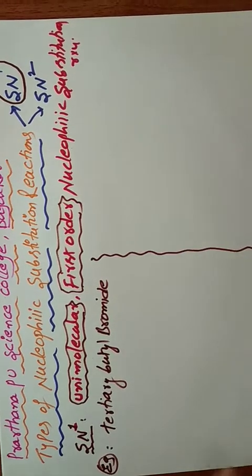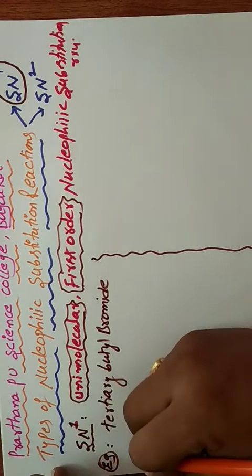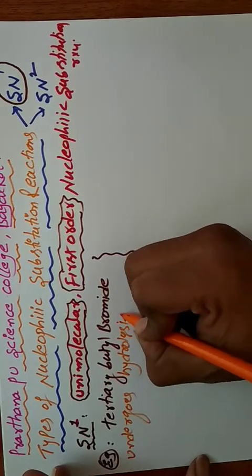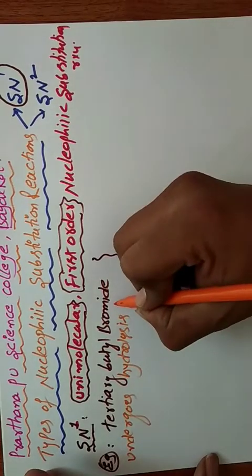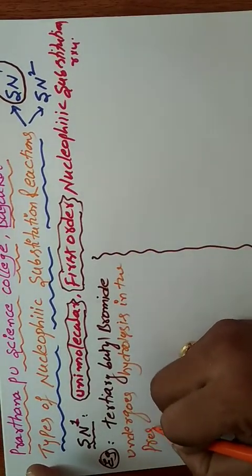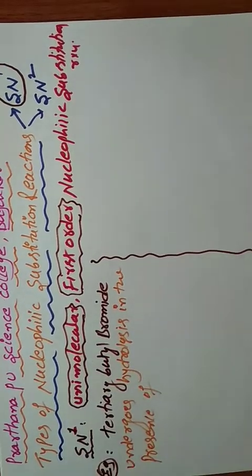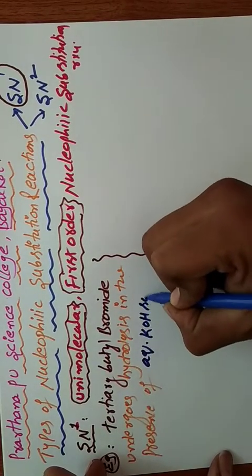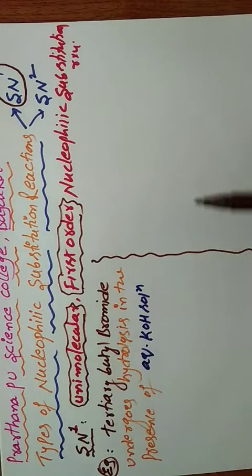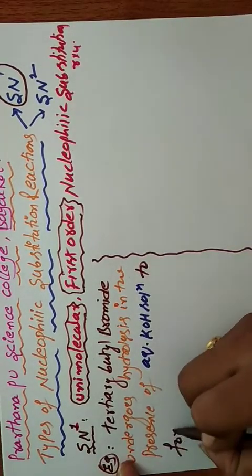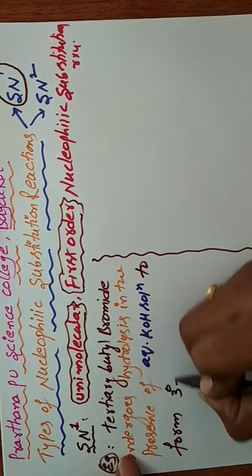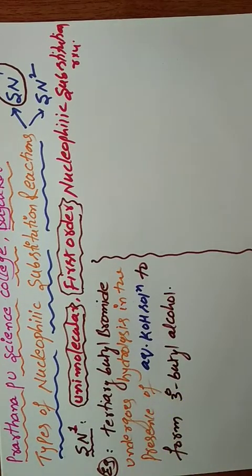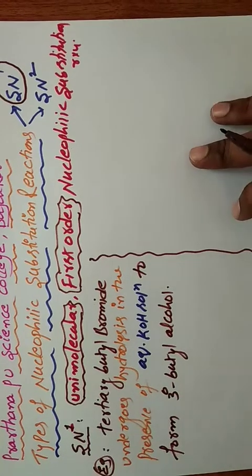Tertiary butyl bromide undergoes hydrolysis in the presence of aqueous KOH solution to form tertiary butyl alcohol. So this is the reaction statement.